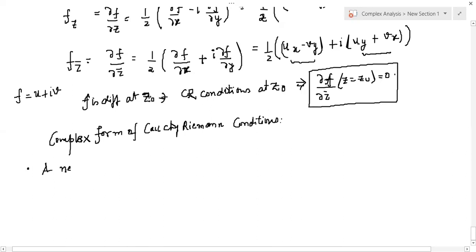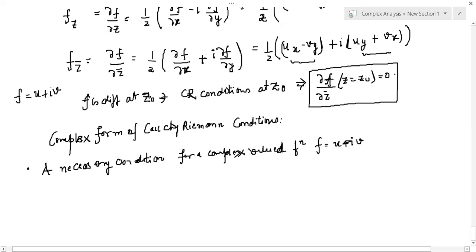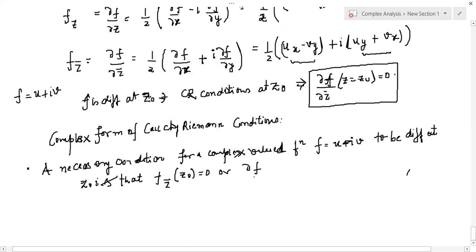So I can also write that a necessary condition for a complex valued function f equal to u plus iota v to be differentiable at point z naught is that f z bar at z naught must be equal to 0, or simply del f upon del z bar at z naught must be equal to what? 0. Okay, so this is an important thing.